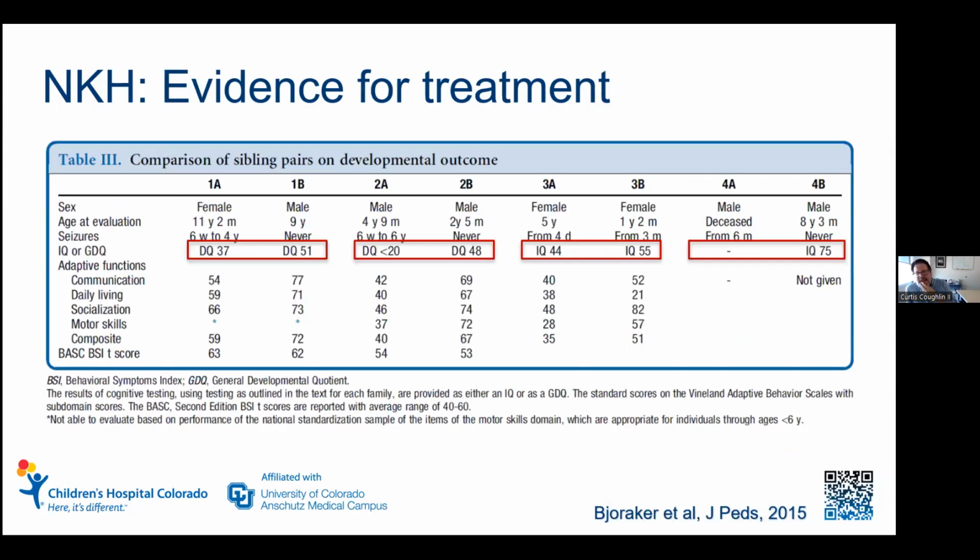So I really love this paper, and I guess I'm biased because I am on this paper, but this is a great work by Kendra Bjorker, who is a neuropsychologist working with the Van Hove lab.